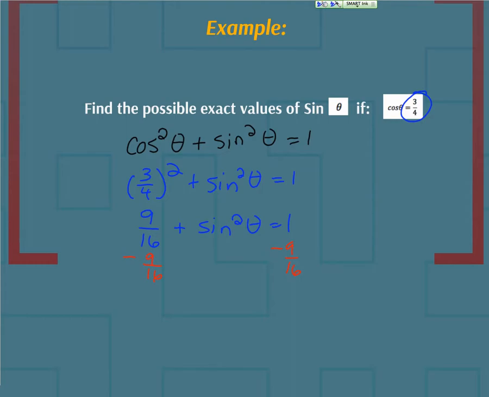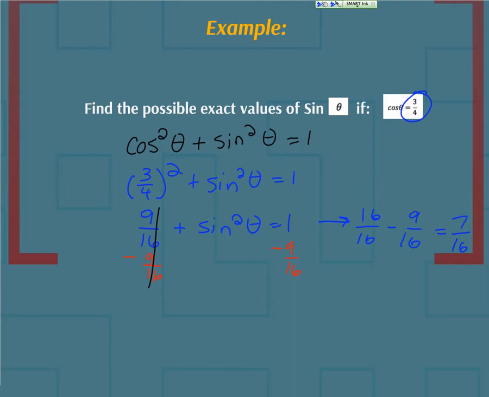So now these will cancel out. And again, if we want to push ourselves to subtract without using a calculator, 1 would become 16/16 minus the 9/16. Remember, when we subtract fractions, we subtract the numerators as long as they have common denominators. So what's 16 minus 9? 7.